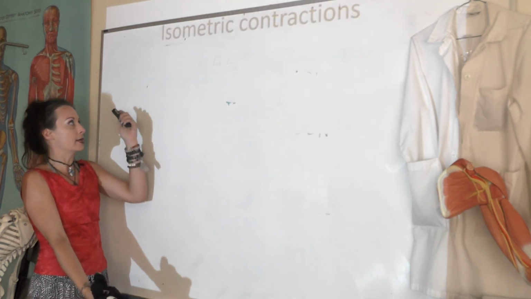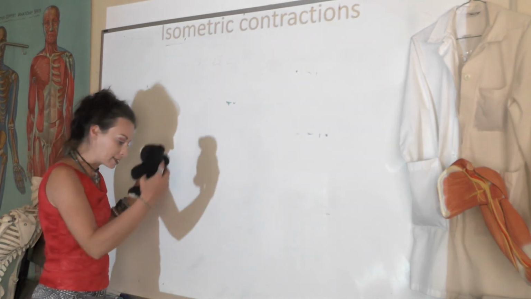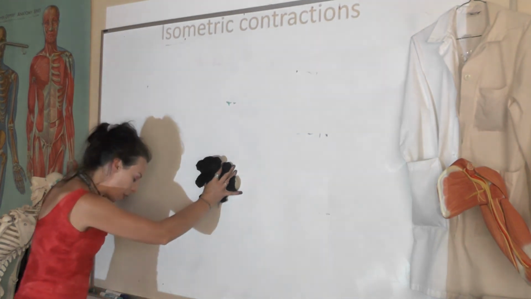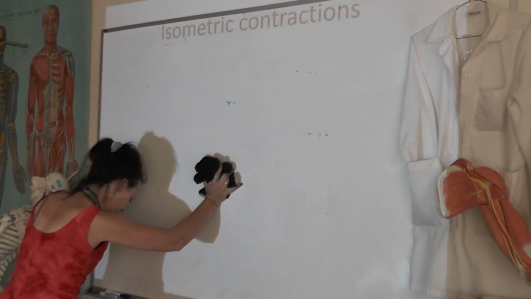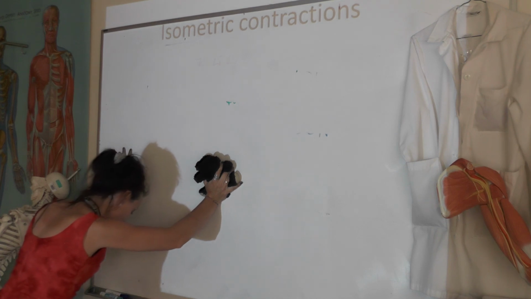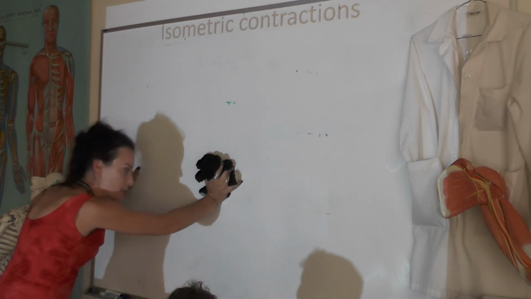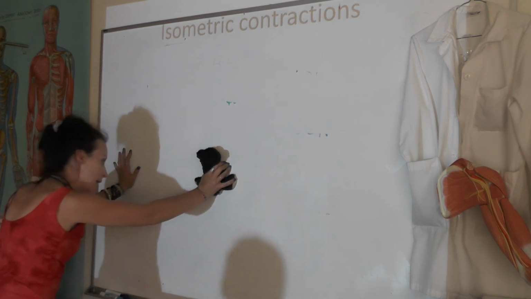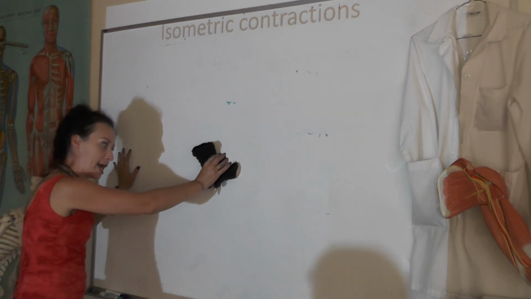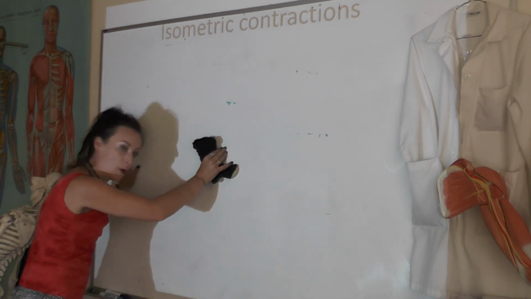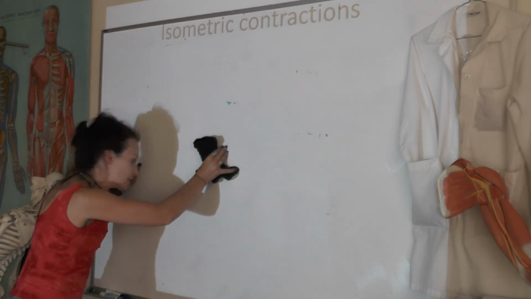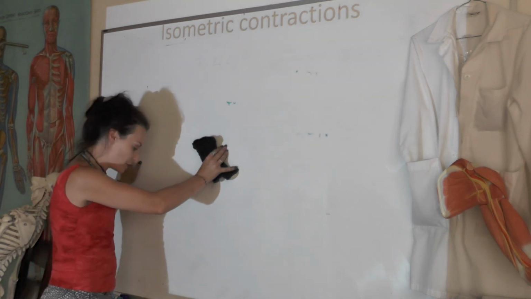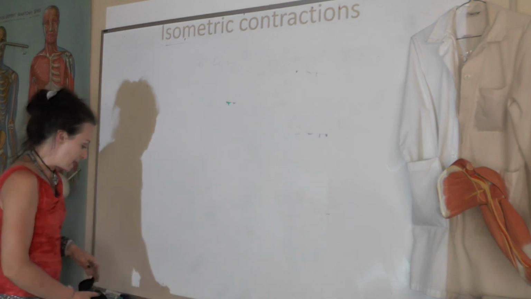In an isometric contraction, the work that I'm asking the muscle to do is greater than it can do. So the muscle can generate all sorts of tension, but I'm not changing the length of those fibers and I'm not moving the load. So Brown Bear can push on this wall as much as his little big attitude can make him do. He's generating a lot of tension, but his muscles aren't changing length to generate that tension.